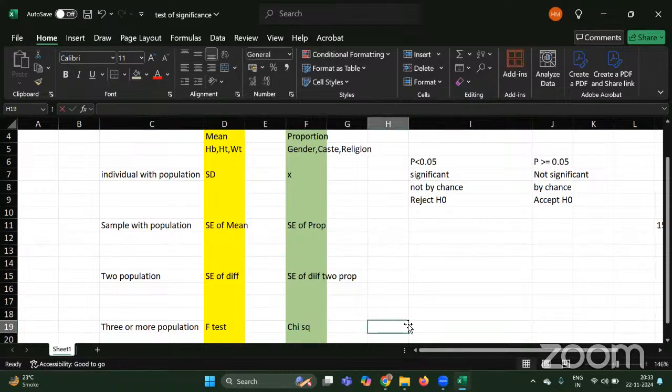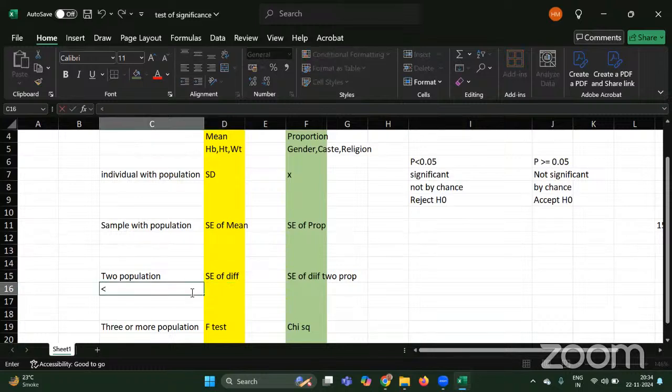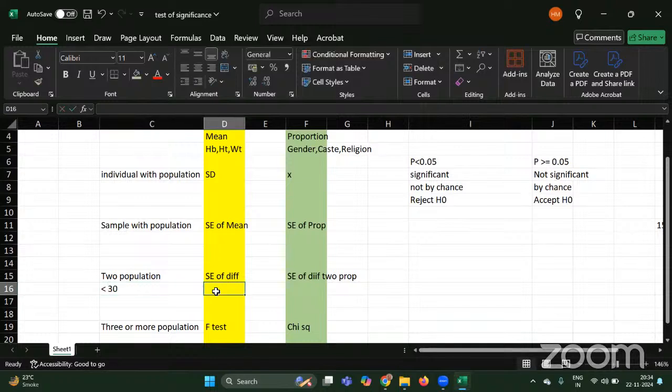So now the question is, where do we use the t-test? Generally, the standard error of difference between two means is used where the sample size is more than 30. But if the sample size is less than 30, we use the t-test.